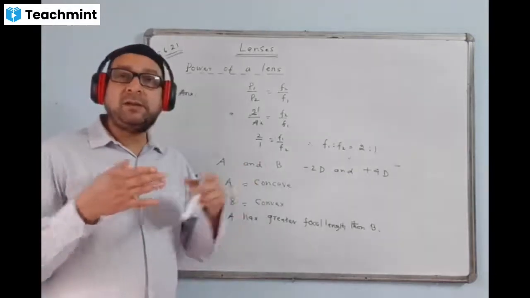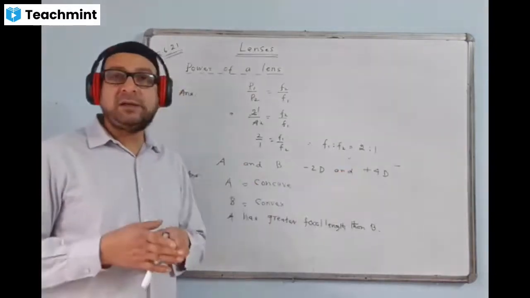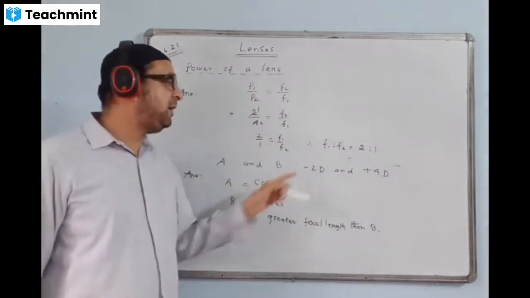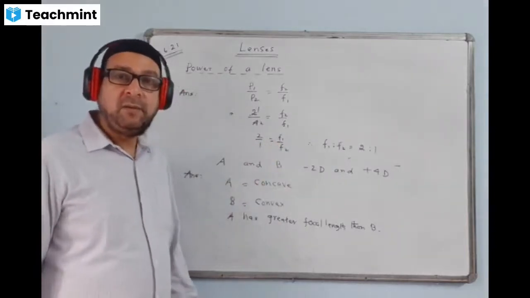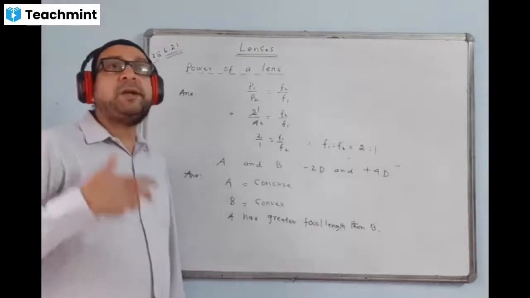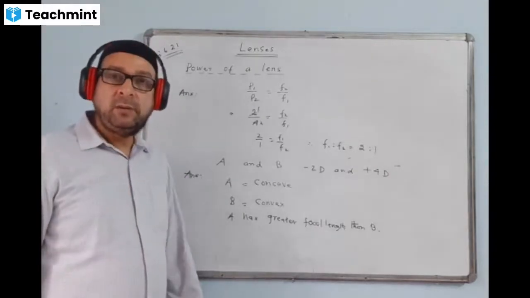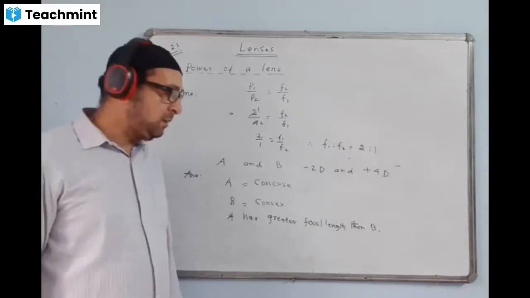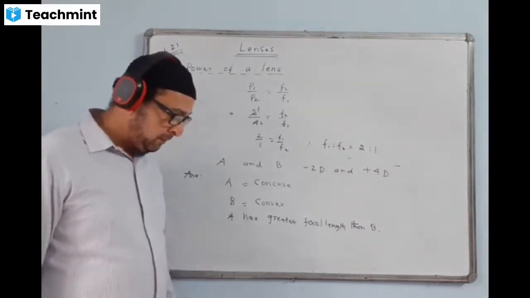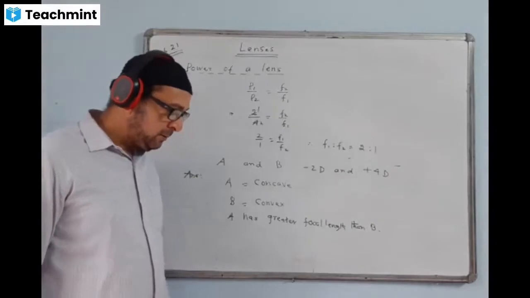If the action is converging, it will have a positive sign. If the action is diverging, it will have a negative sign. Converging action positive, diverging action negative. Or it will tell you what kind of lens is being used. Minus means concave lens and plus means convex lens. Hope it is clear.